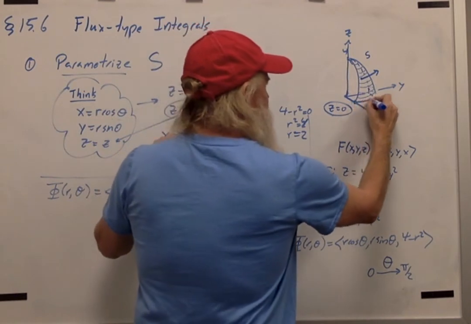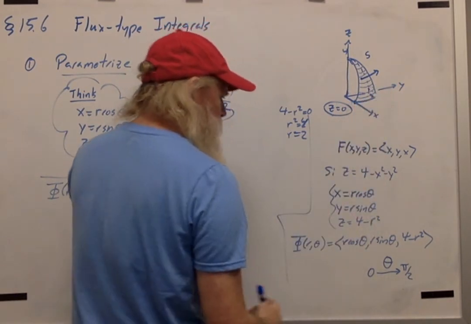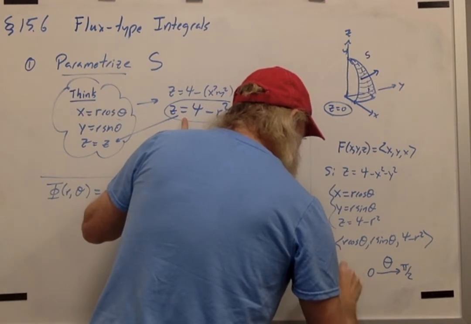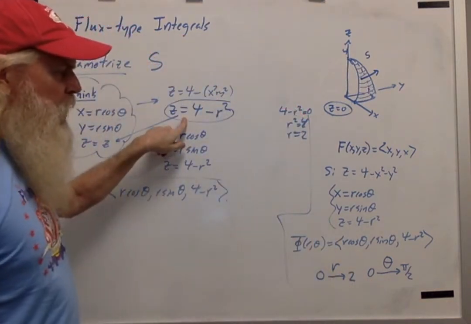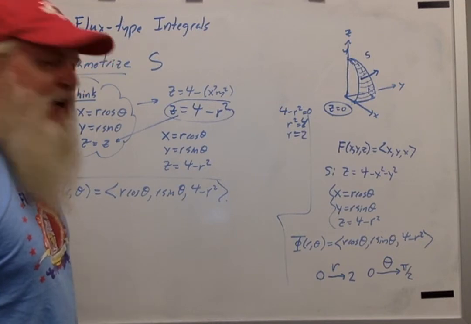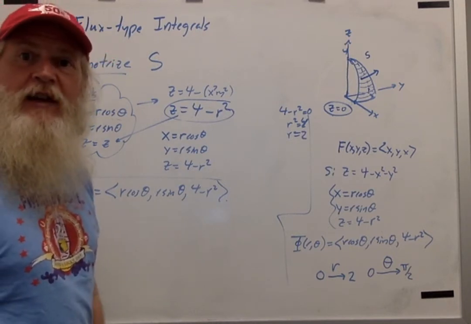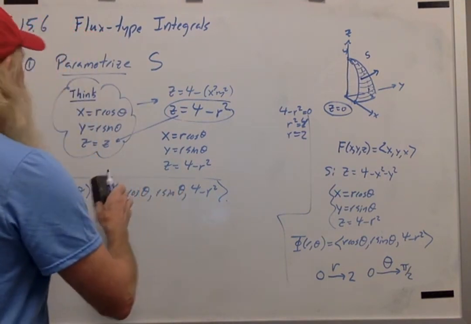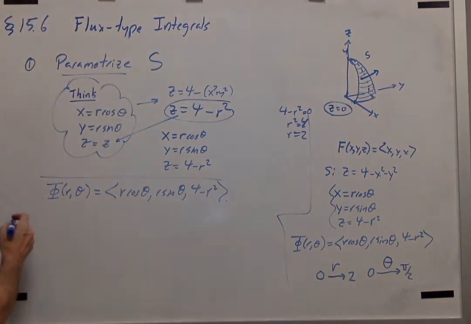So this circle in the xy plane has radius 2. Later on, when I set up my bounds, I'll have r going from 0 to 2 and theta going from 0 to pi over 2. So that's the end of step 1.